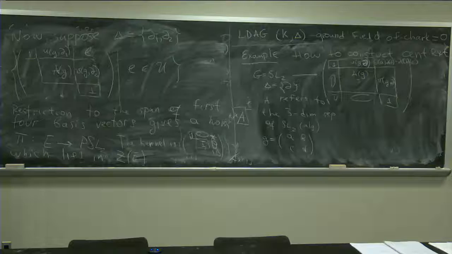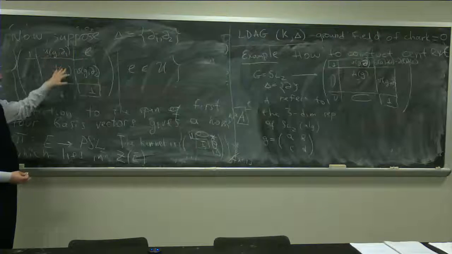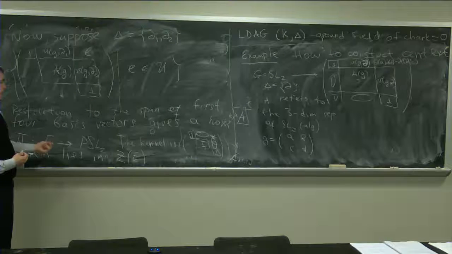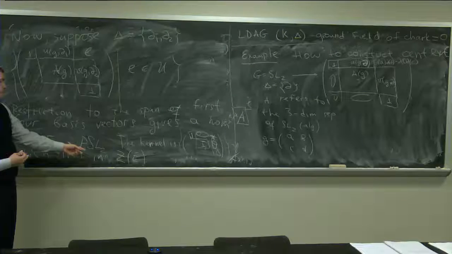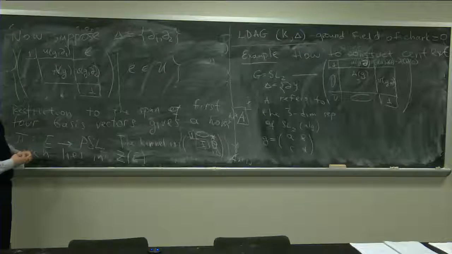Could you explain this calculation? Well, what we do is we restrict the representation of this group E to the first 4 vectors, and we want to find the preimage of the identity element under this homomorphism.